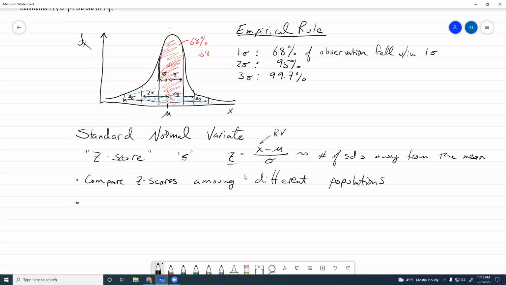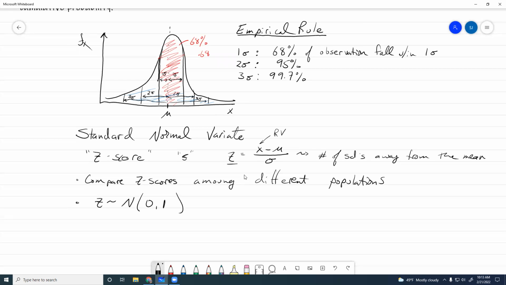What's another special property of the z-score, the standard normal variate? Z follows what kind of distribution? It's a normal distribution, but what are the parameters of that? The mean of z is 0, and the standard deviation is 1.